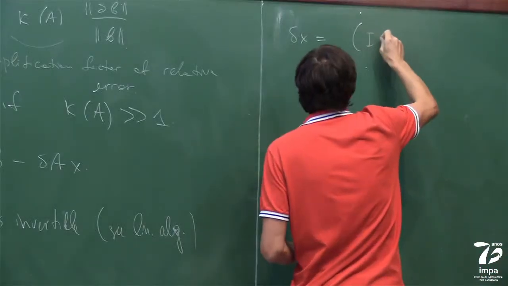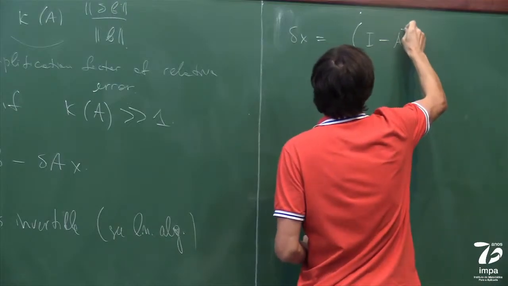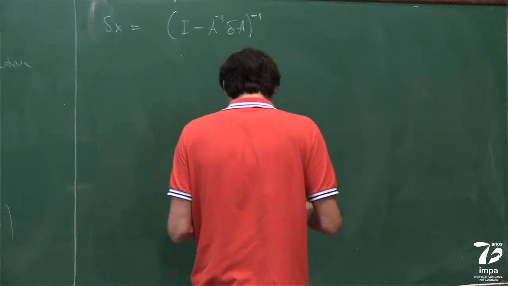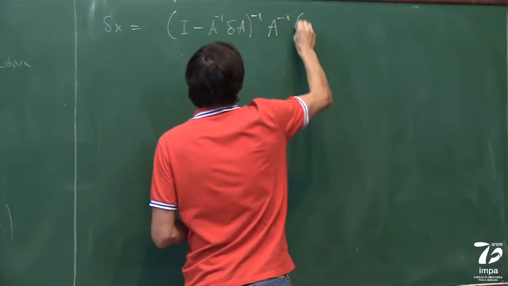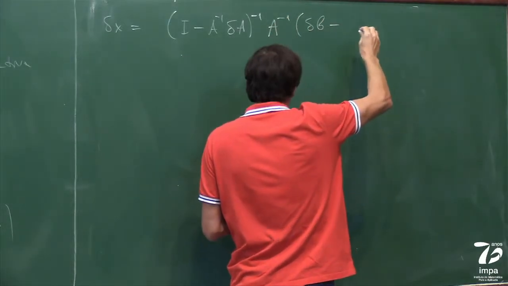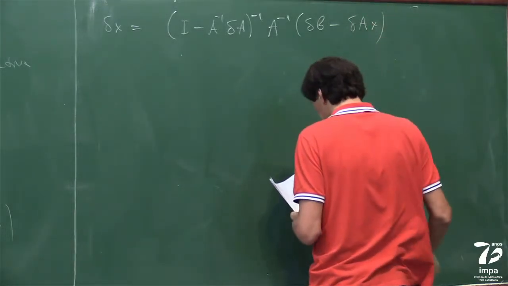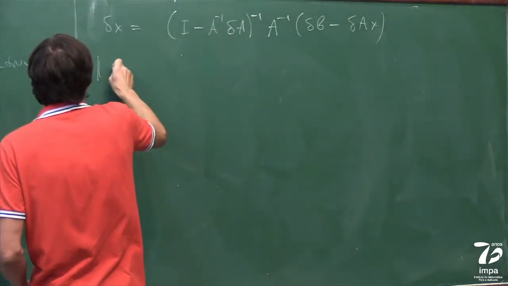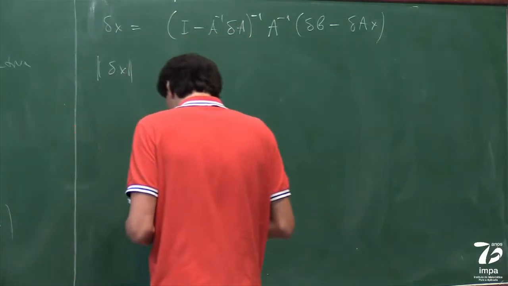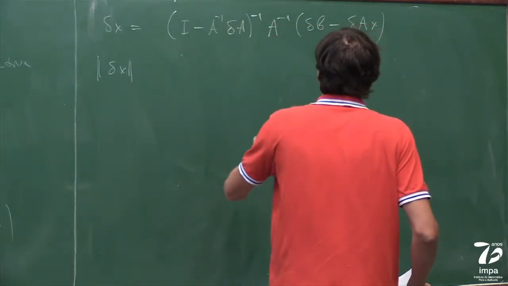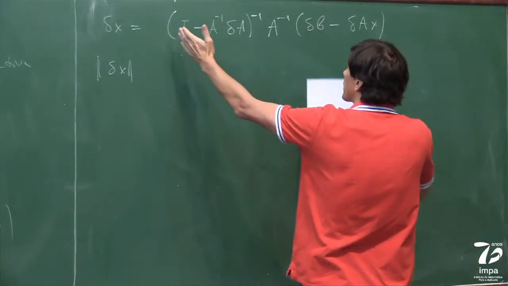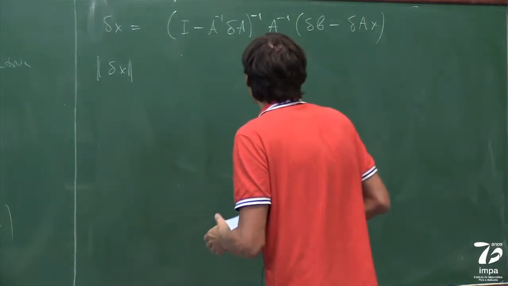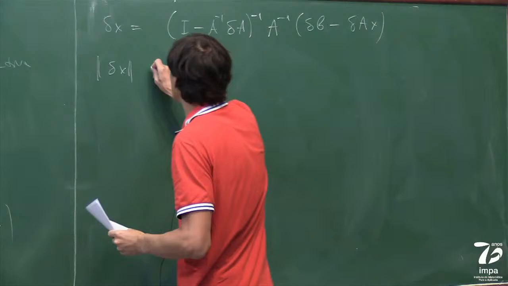So the first is last. Okay, now we take the norm from both sides. So now this is a vector, this is a matrix, so we can take the norm of each of them, and this will be an inequality, remember? Because this is by the definition of the norm of the matrix. So this will be an inequality.